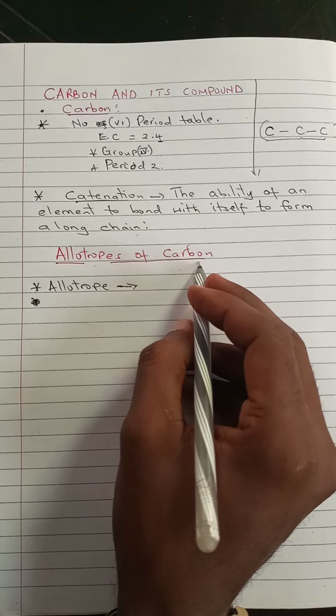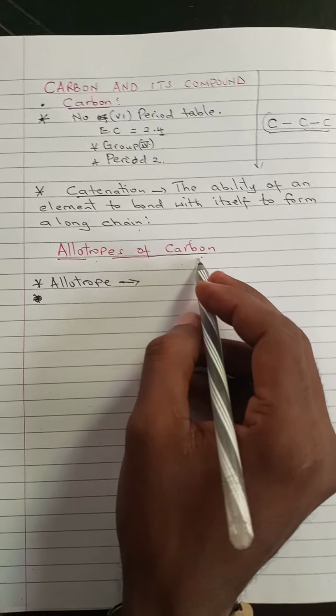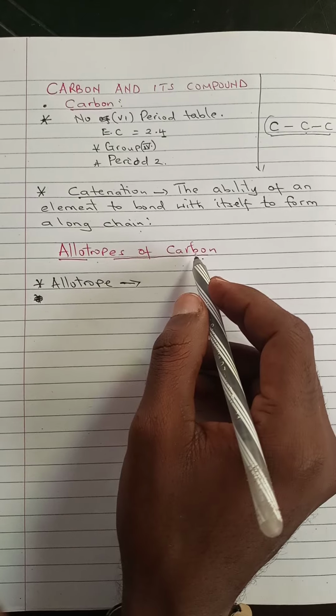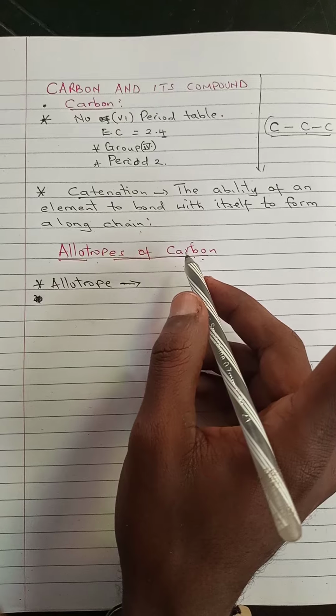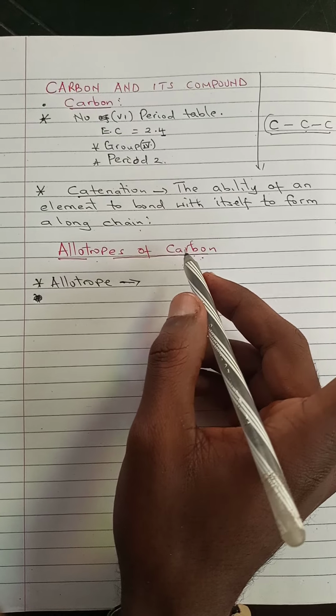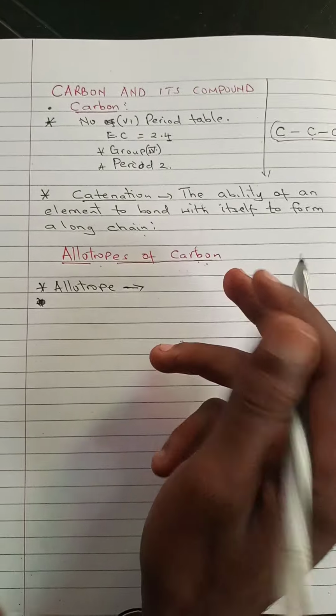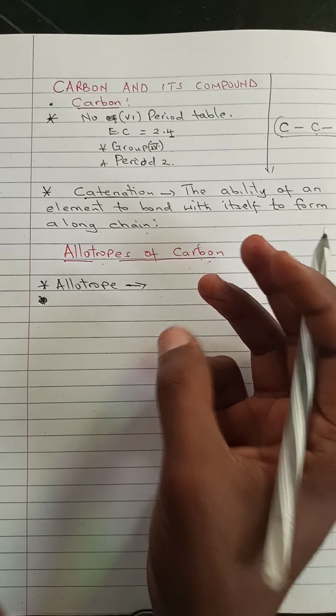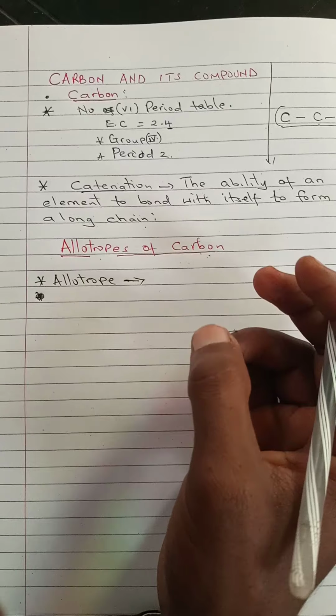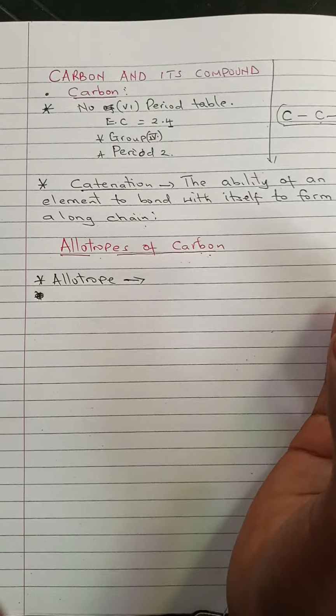This carbon, which is one of the elements in the periodic table, actually takes different forms. One, it has a pure form, or what we call the crystalline form. Then it also takes a non-crystalline form.